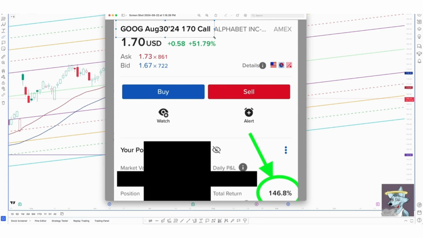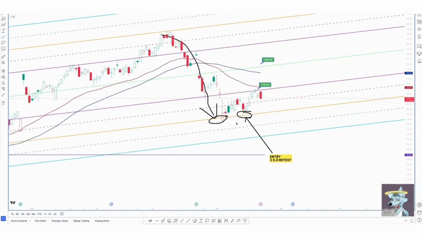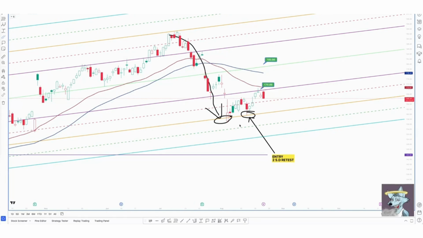When you're right and the price goes up a couple of percentage, the value of those options explodes. That's how I was able to buy them for 68 cents per contract and then resell them for $1.68. After you followed all the steps and you buy the contracts, there's not much to do but to let the price action revert towards the means.